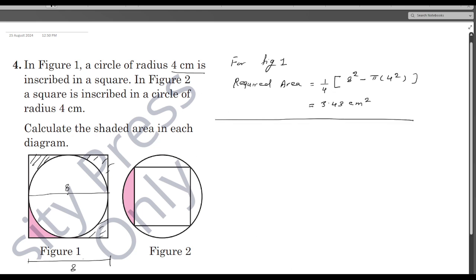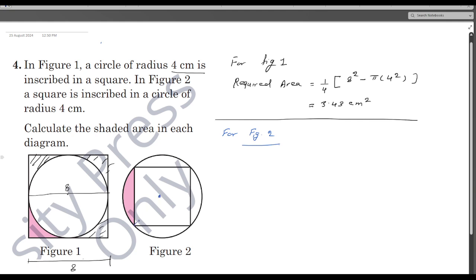Now for figure 2, a square is inscribed in a circle of radius 4. Here also the radius is 4.